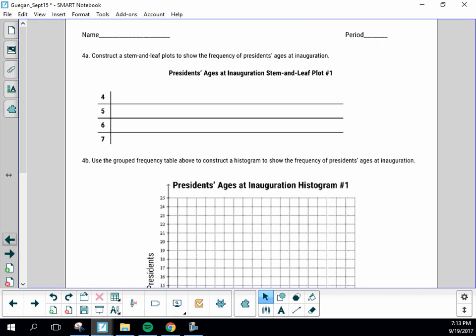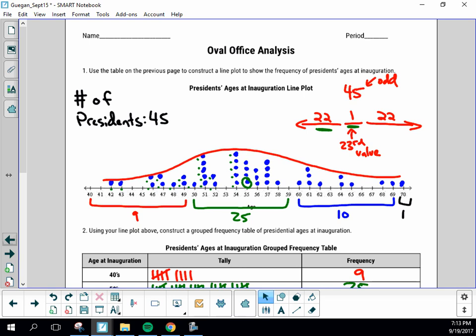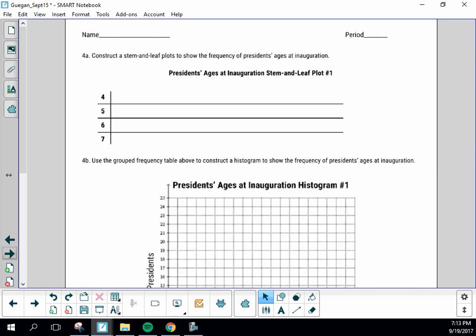So if we look at the 40s, and we look back at our dot plot here, you should see that we have a president that is 42, 43, 46, 46, 47, 47, 48, 49, 49 in their 40s. Going back to our stem and leaf plot, we're going to put in those 9 presidents, and it should look like this. 2, 3, 6, 6, 7, 7, 8, 9, 9.